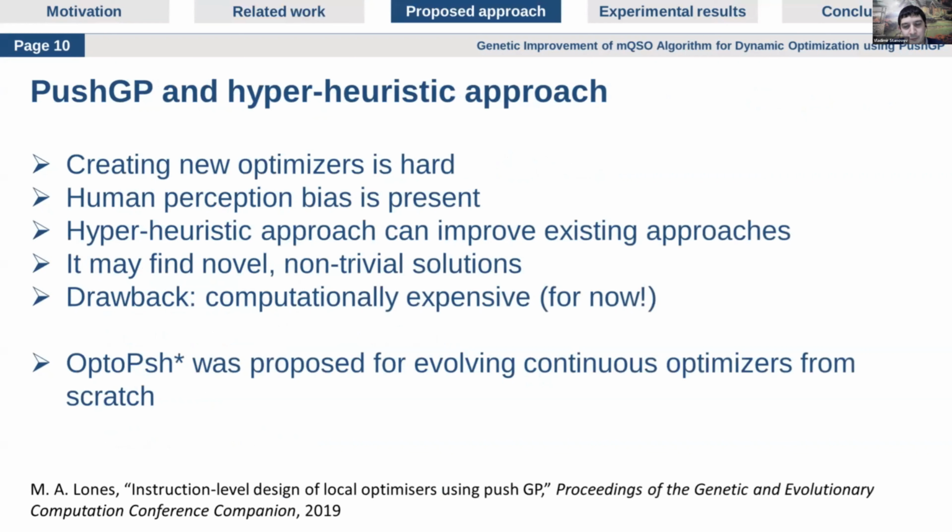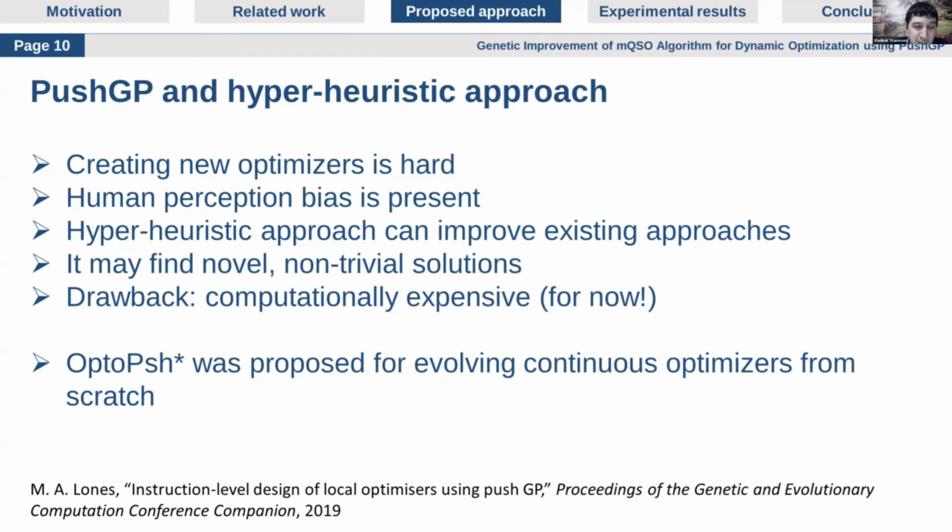So, okay, where does genetic programming come into this story? As I said in my previous talk, we can design parts of the algorithm using genetic programming, especially in cases where we don't know how to make the algorithm better. And as I said, to create a new optimization method which is better than anything that existed before, this is a really hard problem.